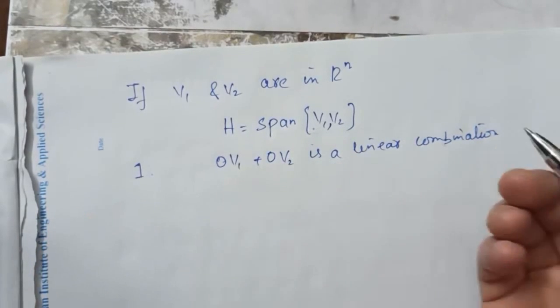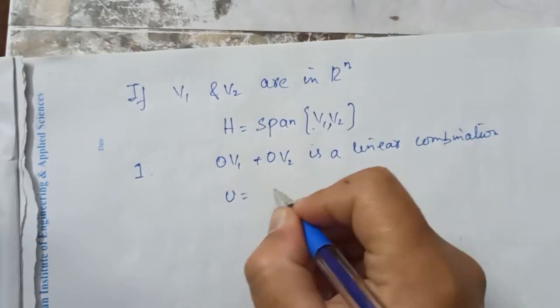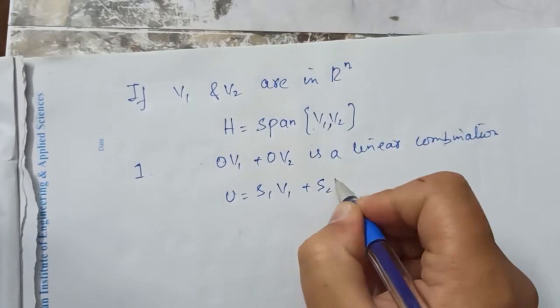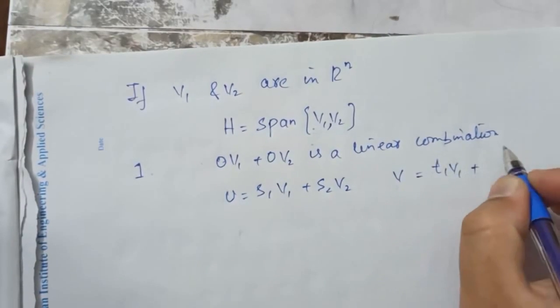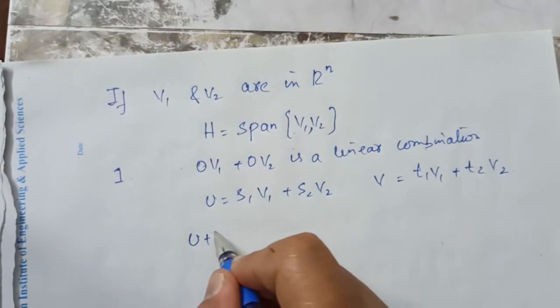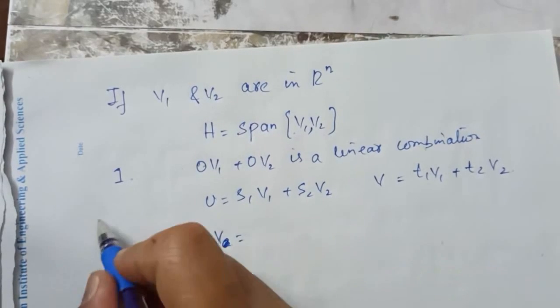Now let's take two arbitrary vectors, u, let's say u equals s1 v1 plus s2 v2, and v equals t1 v1 plus t2 v2, and I add them up. That vector should also be in the subspace, the second property.